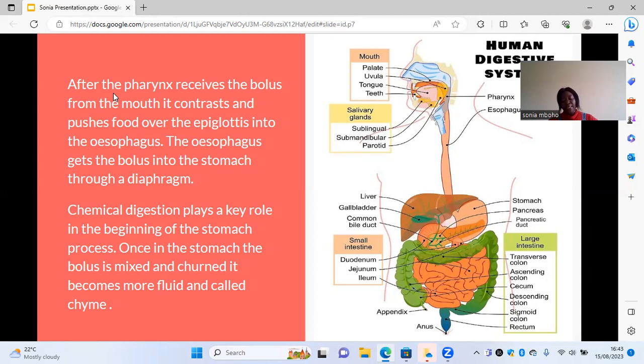The food changes, and in that process we call it the bolus, and it goes down through the esophagus and then into the stomach, where the chemical digestion takes place. Once in the stomach, the bolus is mixed and churned, and it becomes more fluid because there are very acidic conditions there, and then it changes its name and is called the chyme.